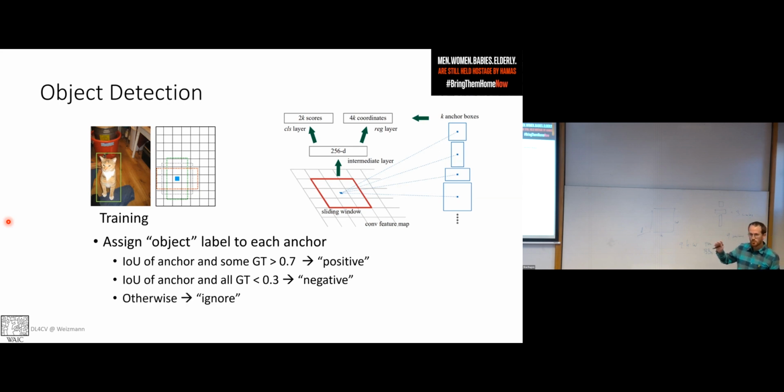If it's in between, then we don't want to apply supervision during training. So we make a prediction and we don't compute gradients for these predictions. We just ignore them because they are somewhere in the middle. Maybe they might be able to produce good objects in inference.